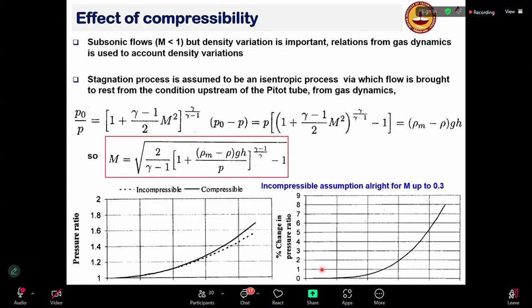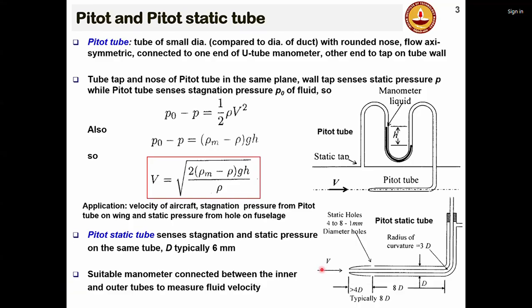Now, this arrangement and this theory works fine when the flow is incompressible, that means the Mach number is less than 0.3.